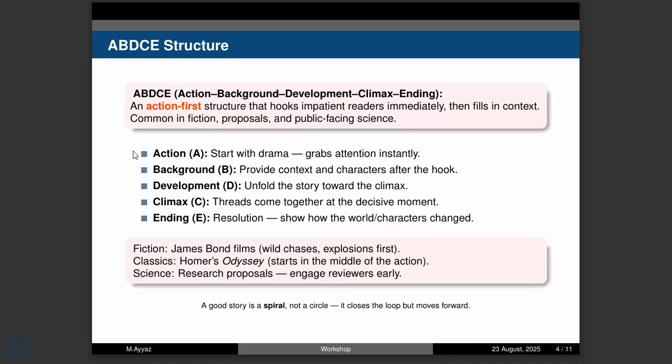In the resolution, we should be talking about the beginning of the story, but from a different perspective and angle. Because in the beginning we were talking about the problems we have, and in the conclusion we are talking about the problems we have solved. So it is more like a spiral rather than a circle.